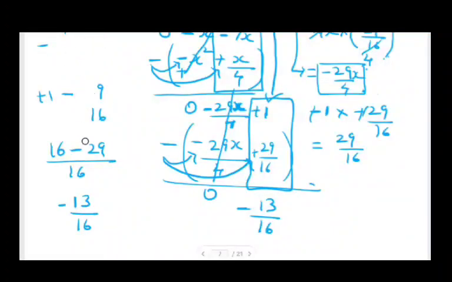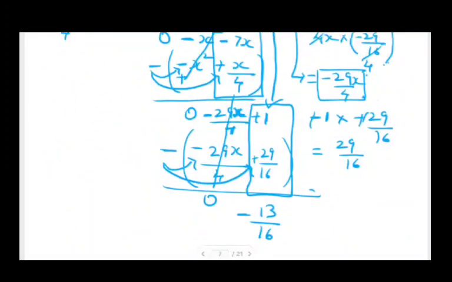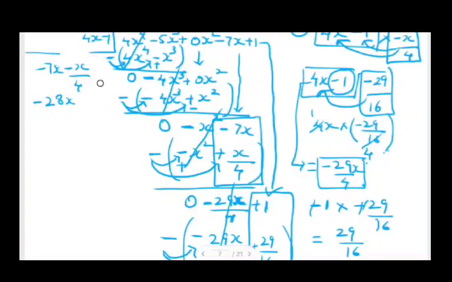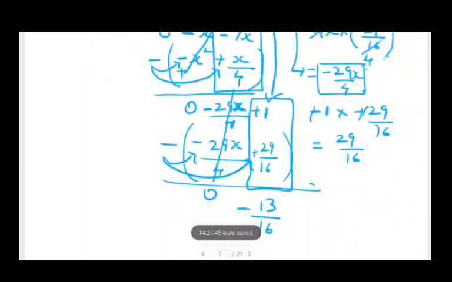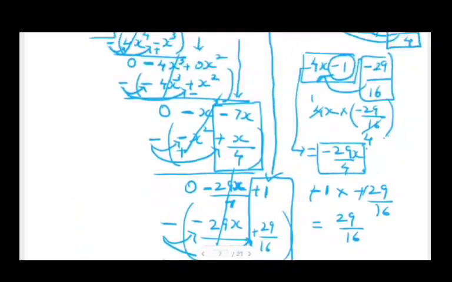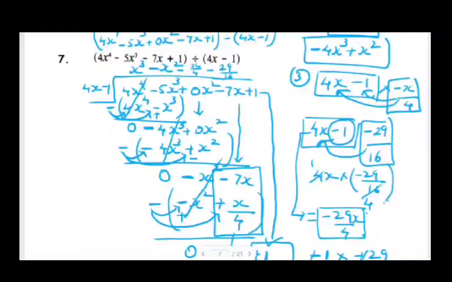Just to make space for the final answer, what's my quotient? I'm going to just scroll up and down to write it down neatly. So my quotient is equal to x cube, here.